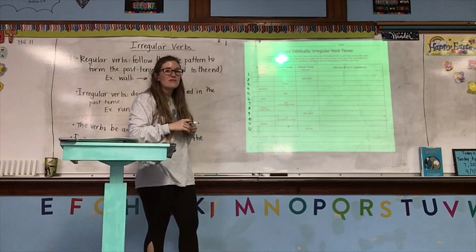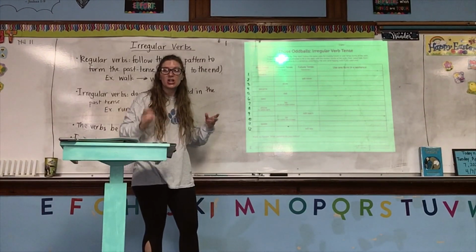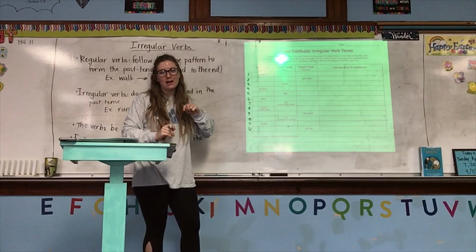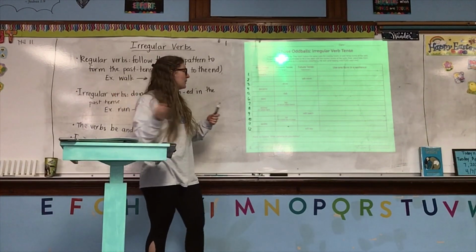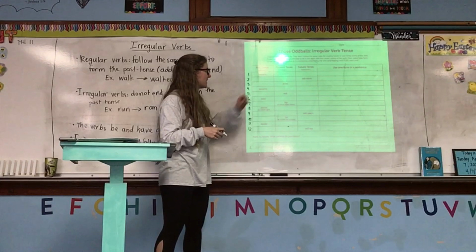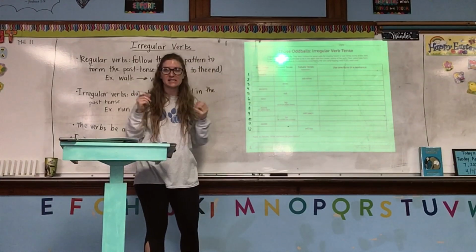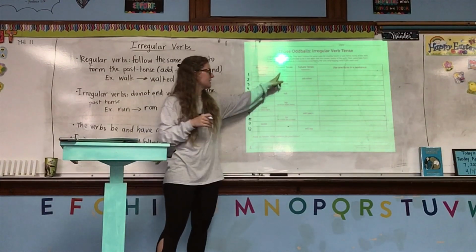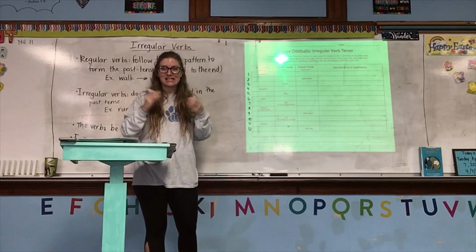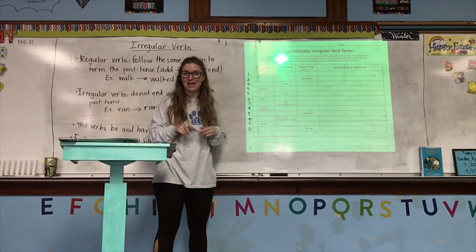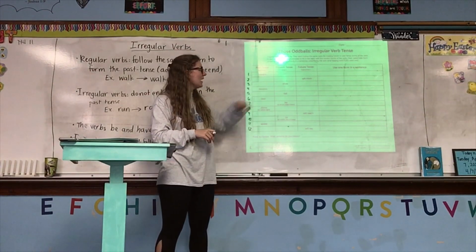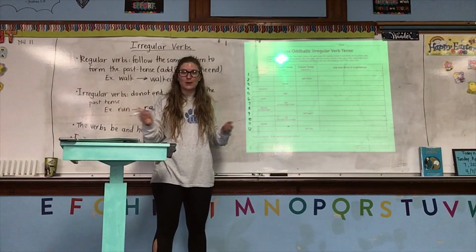Okay, number 1, we have the past tense form, and it is caught. What I want you to do right now is pretend we're on Dora the Explorer, and you're going to call out to me what the present tense is. We're just writing the base verb in the present tense, because it says now I, so we're using the singular version, which means we have no S's at the end. So, what is the present tense form of caught?